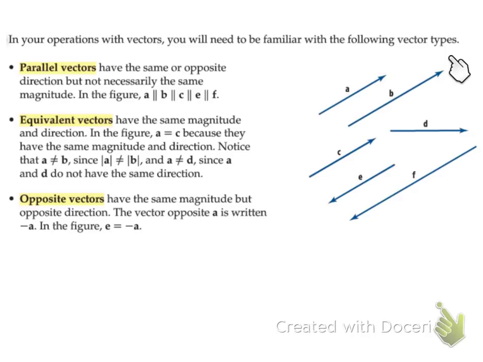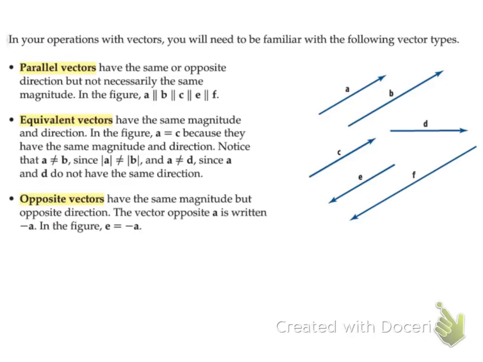Some are going up to the right and some are going down to the left. They are still parallel because they have the same kind of direction, or differ by 180 even, right?